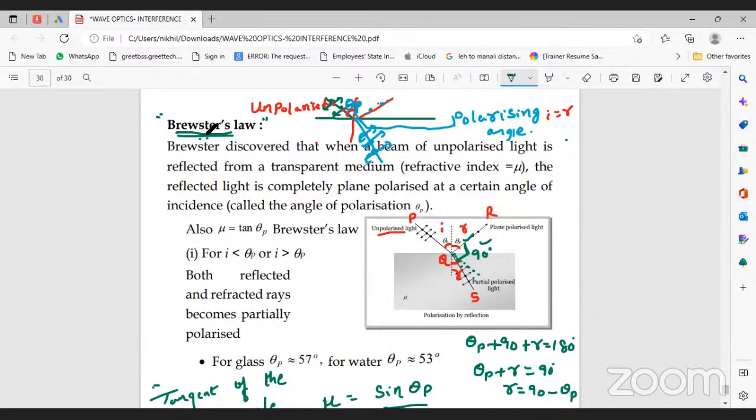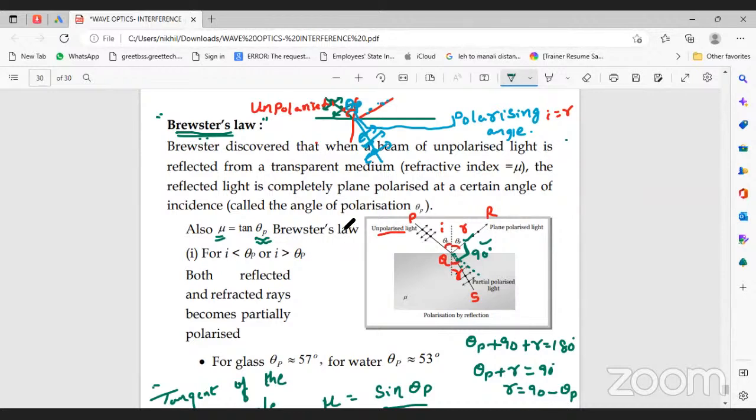You can notice here, refractive index and polarizing angle are directly proportional. If the refractive index of the medium is more, the polarizing angle also increases. More refractive index, more polarizing angle.